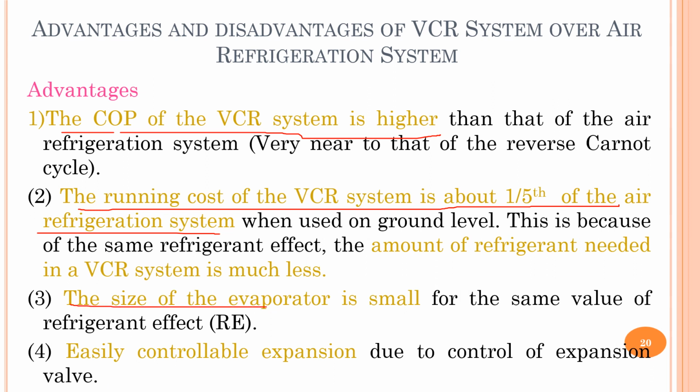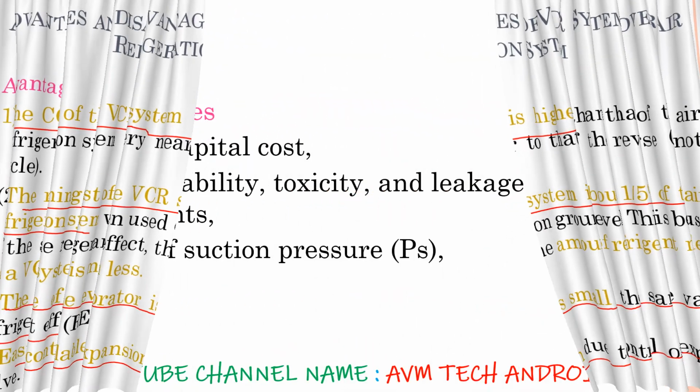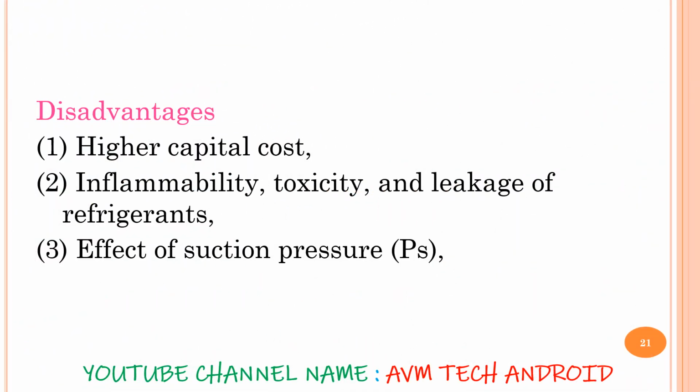Size of the evaporator is small for the small value of RE here. Easily controllable expansion is observed in the simple VCR cycle. These four are the major advantages. If we talk about disadvantages, higher capital cost, leakage, inflammability, toxicity of the refrigerant, and the effect of suction pressure are very important.